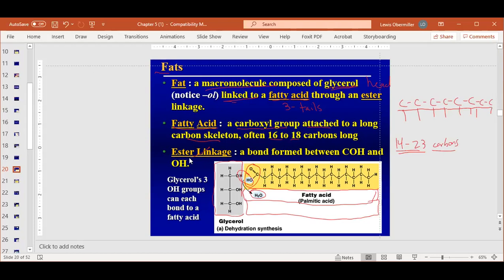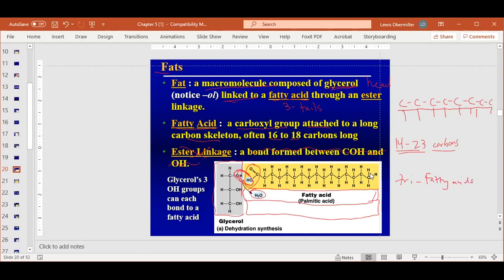I don't care that you know that this is an ester linkage, but this particular linkage right here would be considered ester. Don't worry about that. I'm not going to ask you this on the test. But you should know that triglycerides are made up of, that word tri means it's made up of 3 fatty acids.